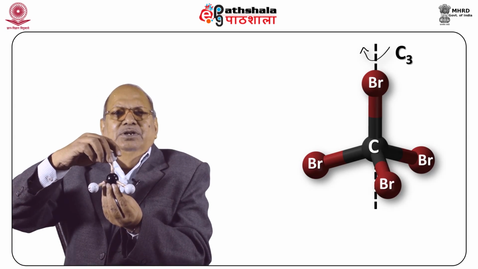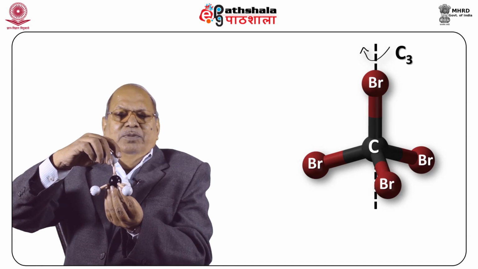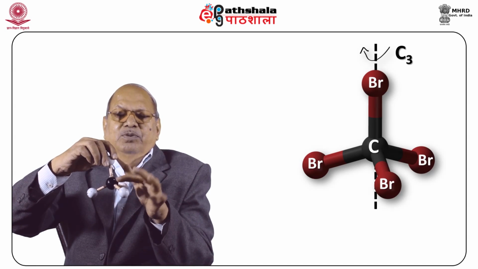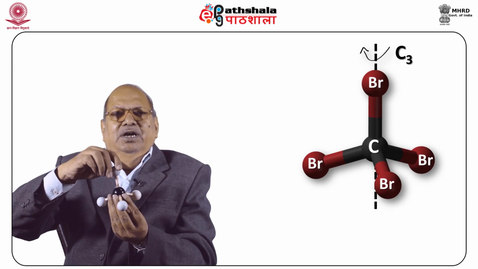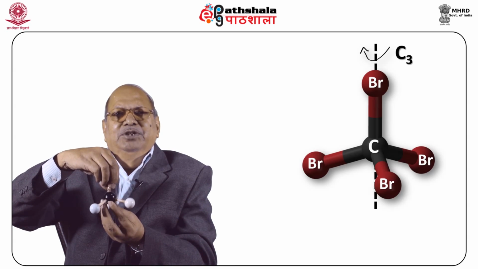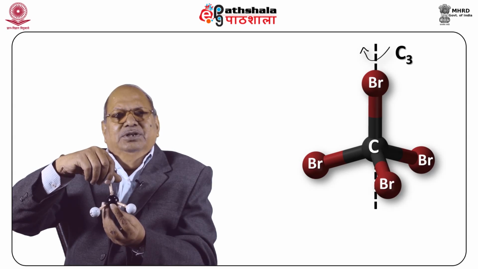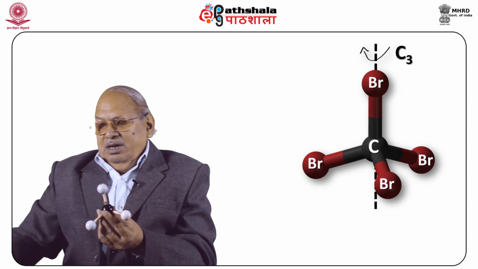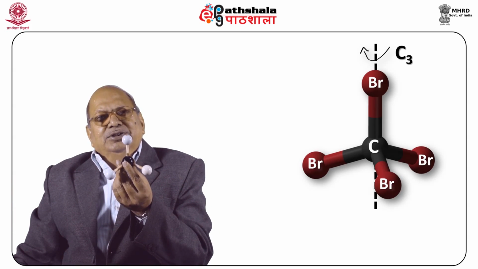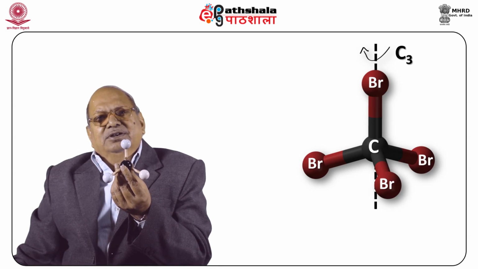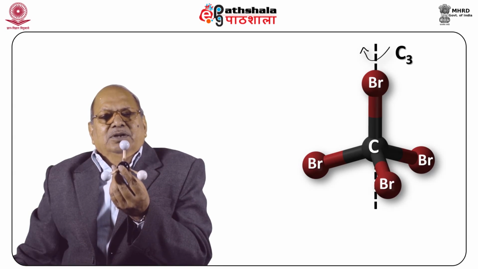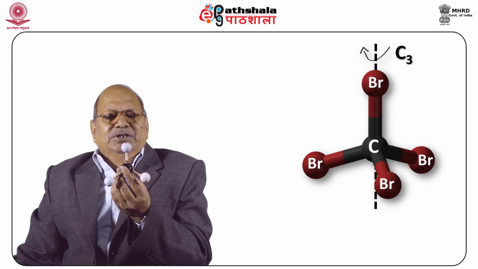C3 shifts these 3 bromine vectors, and it does not shift this one because I am giving the rotation about this axis. So by knowing this, I can get the result directly. Let me take the C3 operation.